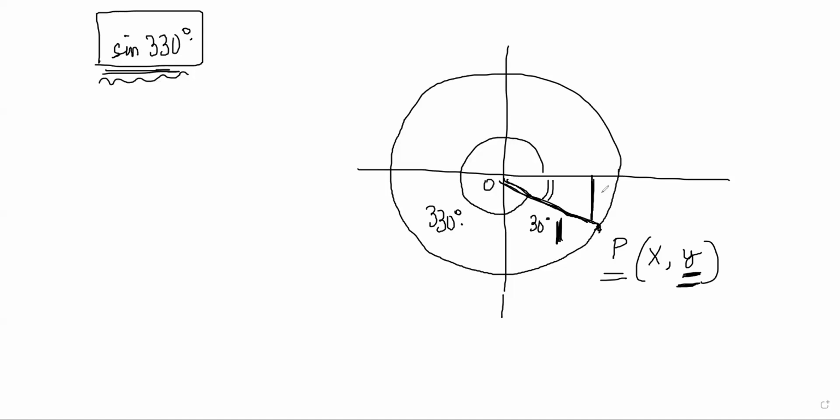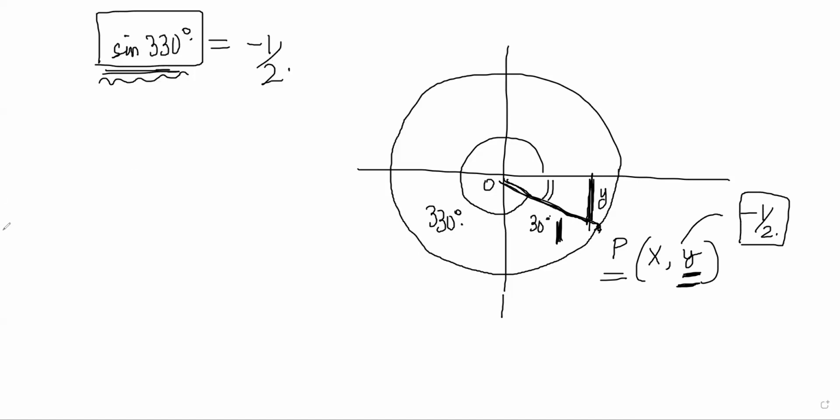So y coordinate is going to be basically negative. But what is the value? Sine 30 is y by 1, right? Yes. Y by 1 is sine 30. Sine 30 is half. So y is equal to half. But this is negative half. Do you understand how I found the value of this?